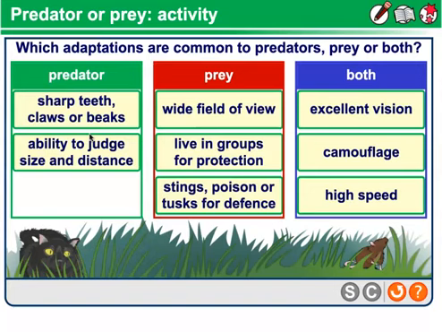Oftentimes they live in groups for protection and have the ability to sting, poison, or some form of defense mechanism. Both predators and prey have excellent vision. Oftentimes they are camouflaged, and they also have the ability to reach high speeds for either defense purposes or to catch their prey.